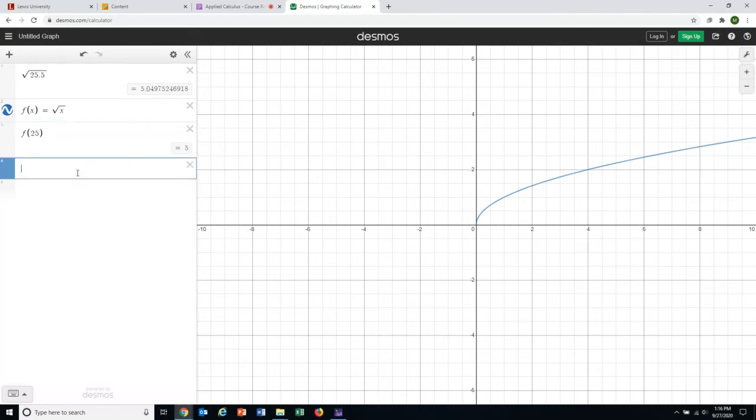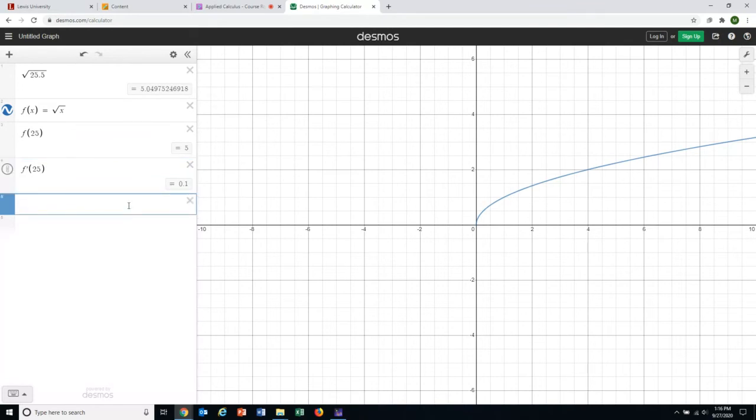We also need the value of the derivative. If we type in f prime of x, it'll give us the graph of the derivative of this function. What we're interested in, though, is the derivative specifically at 25. If we type that in, it'll again give us that value.